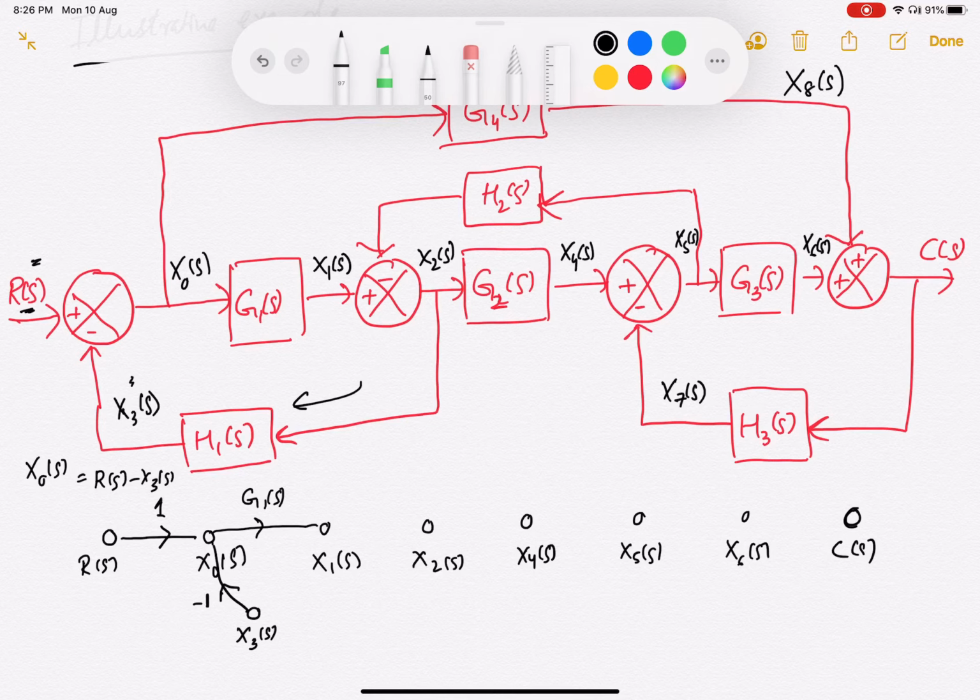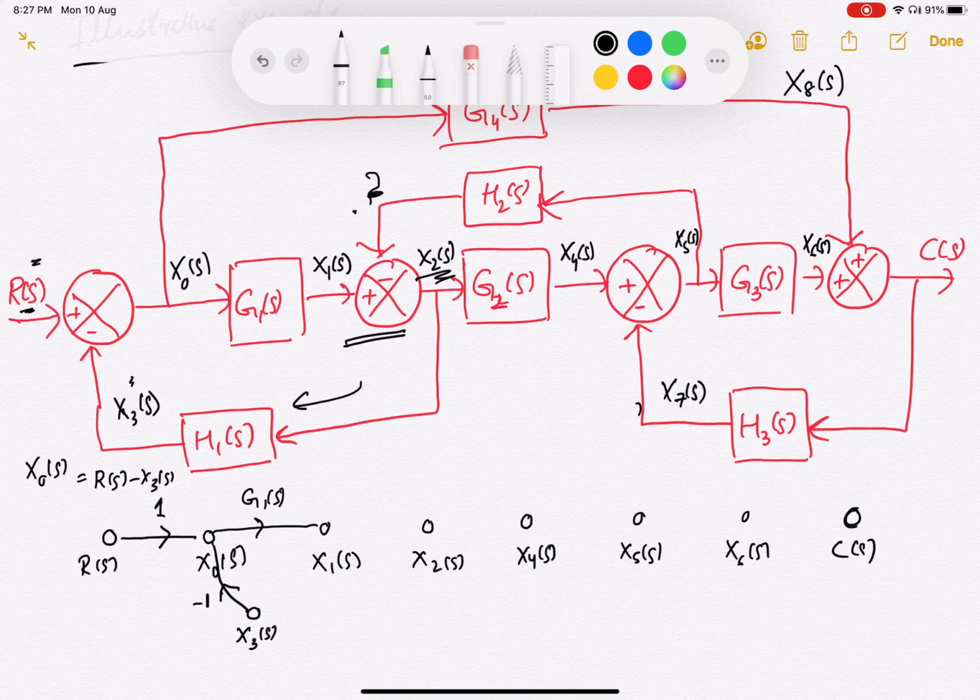Then coming to X1S and X2S. From this diagram here, X2S is going to be X1S minus this signal here, right? So this signal here we have not labeled, but let us call this X5S into H2S, right? So that means, let me write it in a neater way.